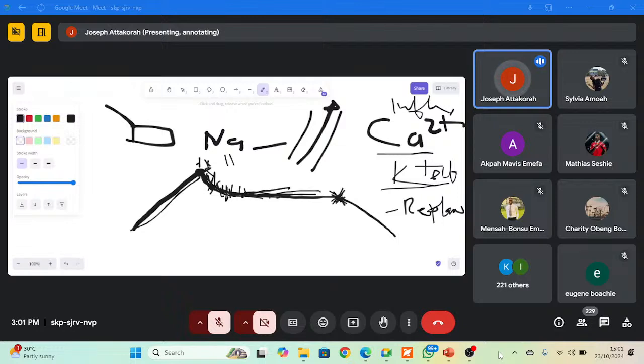So at this point there will be no influx of calcium, but you'll still have the potassium efflux moving out. So from C to D, there won't be any influx.